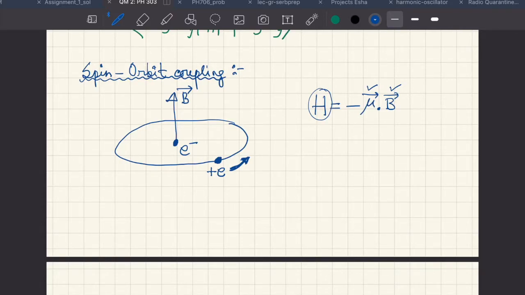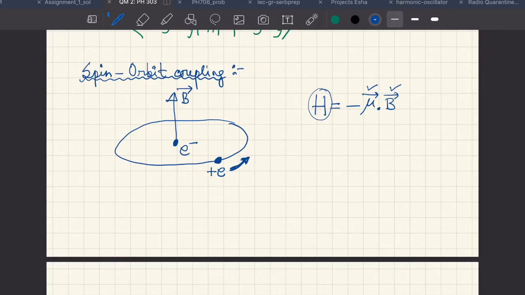We need inputs about both mu and B. Now the origin of this Hamiltonian H, which I have written as minus mu dot B, if time permits I will discuss in our usual class hour, but for the time being let us go ahead with this expression.